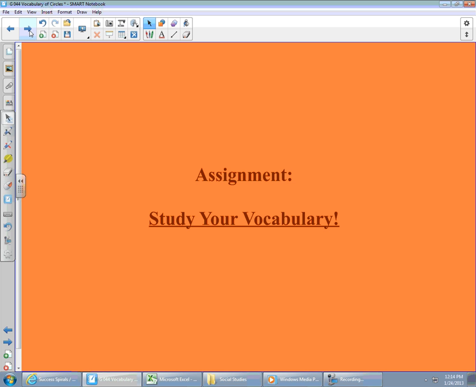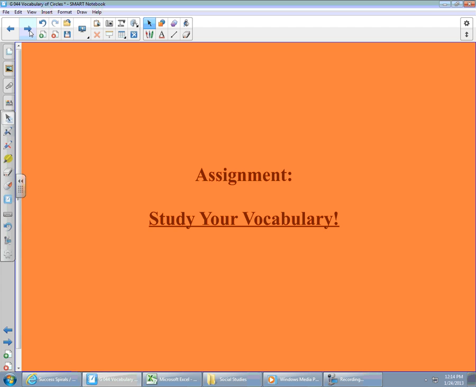Okay, that is pretty much the additional vocabulary that we are going to need in order to move forward. I'm not going to give you an actual assignment. We didn't really learn anything new as far as math skills. When you come back tomorrow, I would like you to have all of this new vocabulary, including any old vocabulary like central angles and inscribed angles.